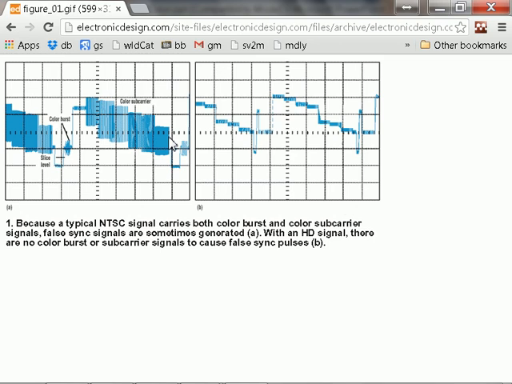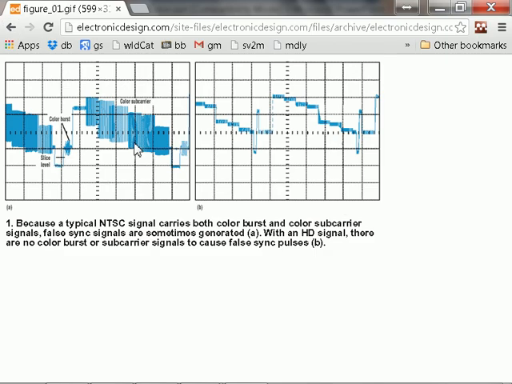It takes one carrier, the subcarrier, and multiplies it by the incoming signal, and it gives you two sidebands, the carrier plus the frequency and the carrier minus the frequency. That's called double sideband modulation. And so for color reconstruction it uses both of those sidebands when it goes to decode the color. And that's how that works.